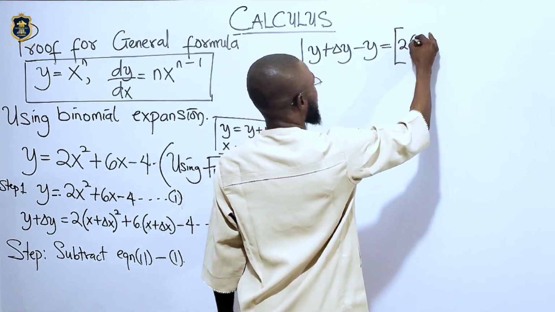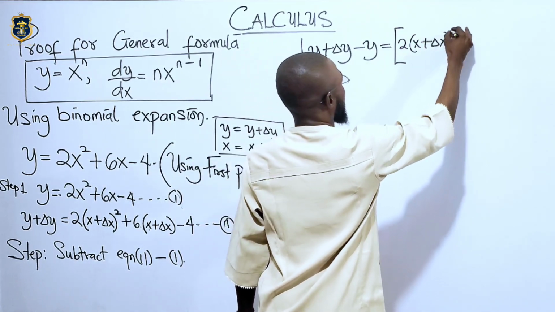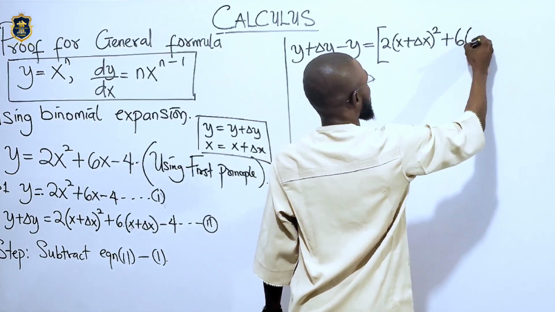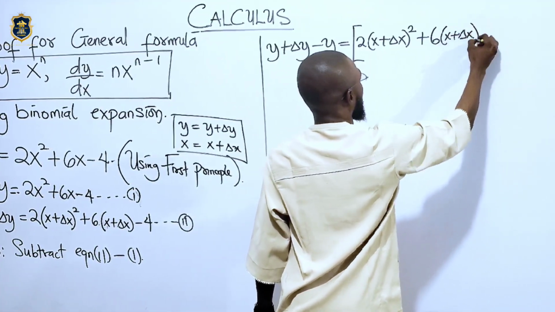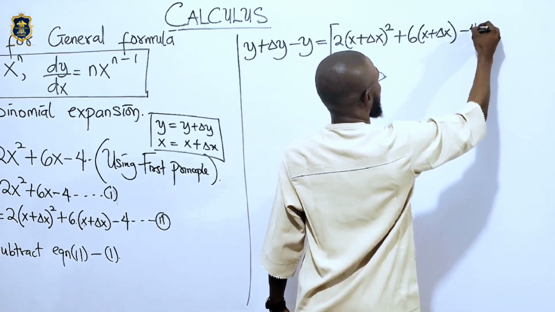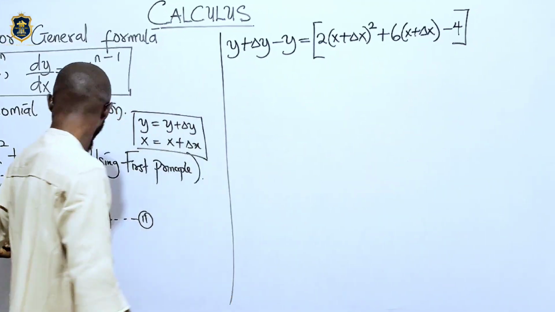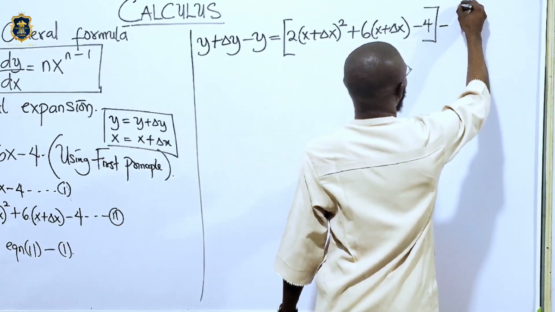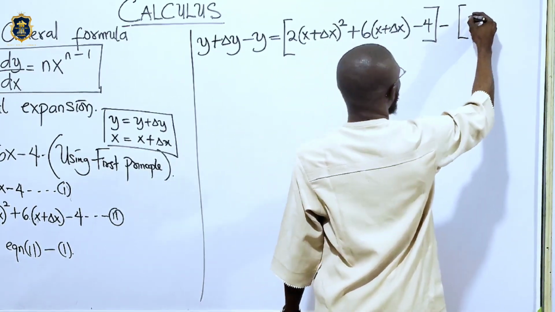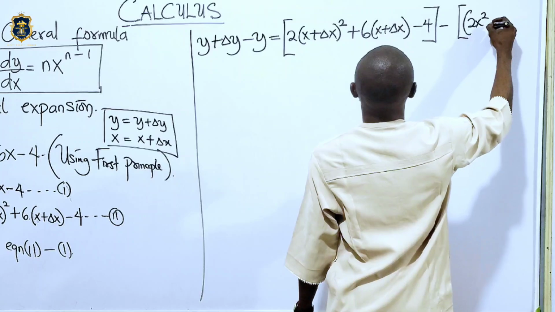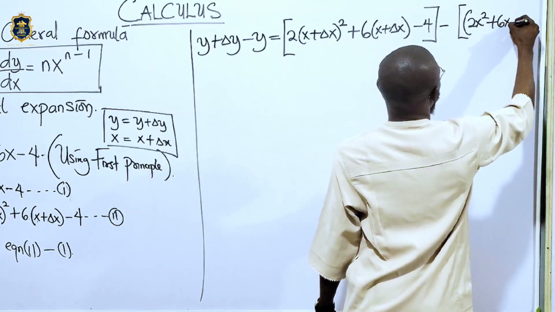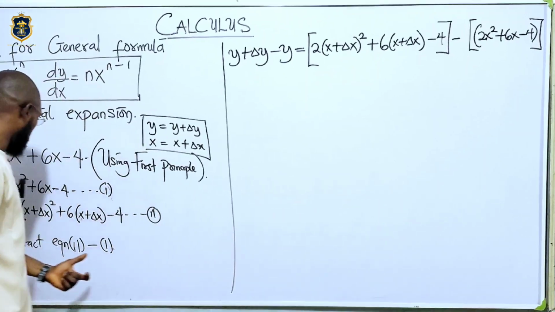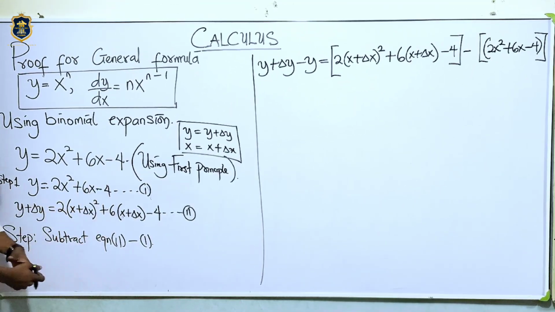We have 2 bracket x plus delta x all squared, plus 6 bracket x plus delta x, minus 4. This is our equation 2. Subtracting from it, minus bracket 2x squared plus 6x minus 4. So that's equation 2 minus equation 1.